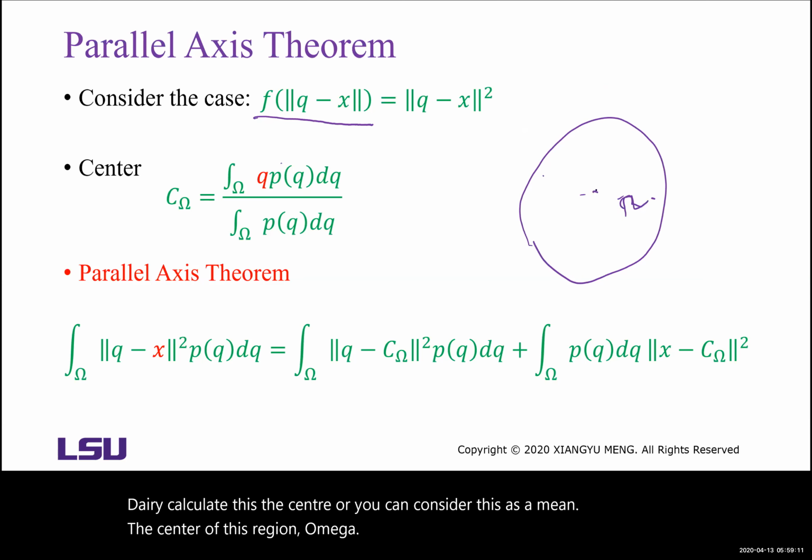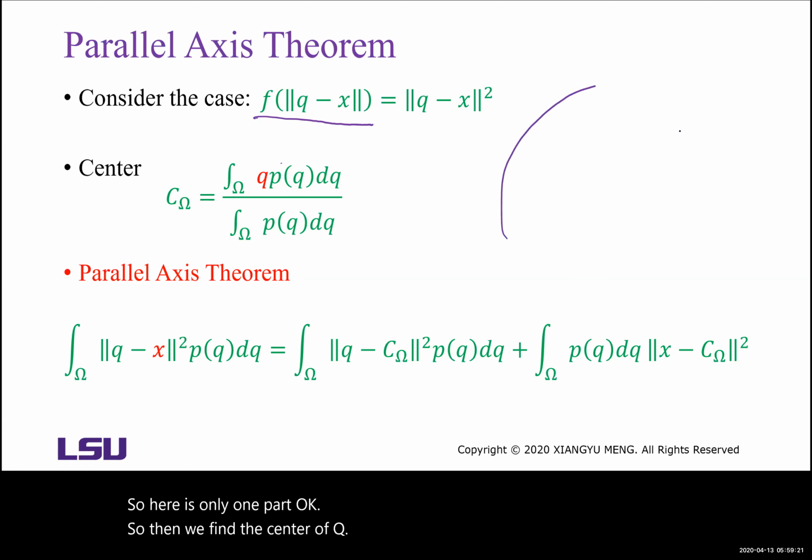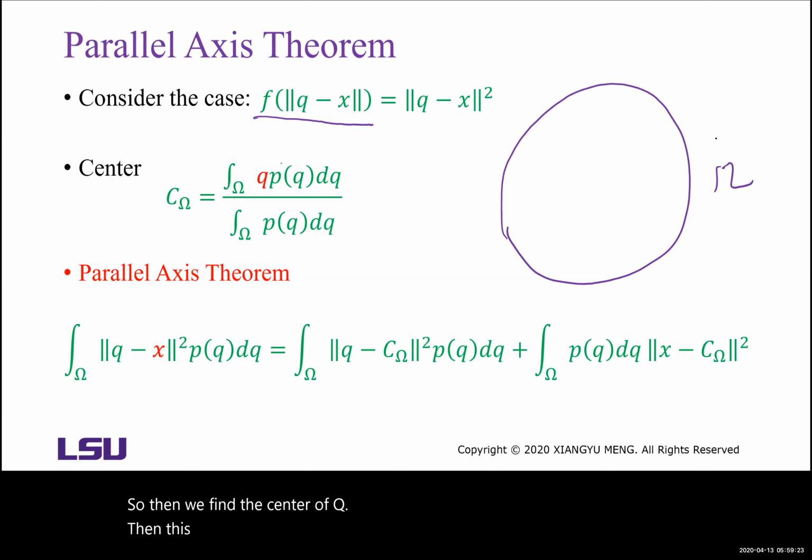So here is only one point, okay? So then we find the center of Q. Then this is omega. We denote the center as C omega, okay?